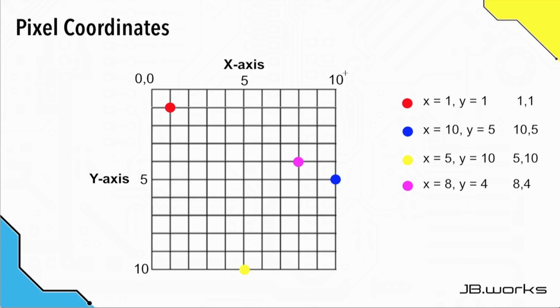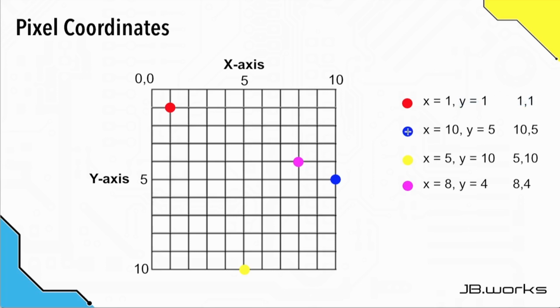Now this display has 10 pixels along and 10 pixels down, so that's a total of 100 pixels. So if we take the red pixel, that is 1 along on the x-axis and 1 down on the y-axis. So x is 1, y is 1, so the resulting coordinate is 1, 1, which is an abbreviation for the coordinate of that pixel.